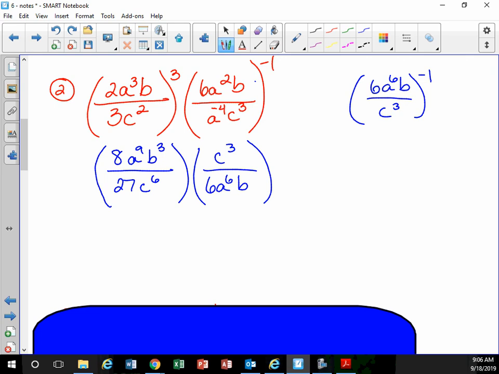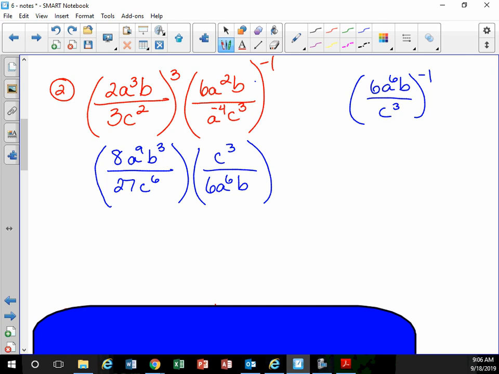All right, guys, from here then you're just simplifying. When you're multiplying fractions, remember you multiply straight across. And then as far as reducing goes, anything in the numerator with anything in the denominator. So if I look at just the coefficients first, the numbers, 8, 27, and 6. Guys, you want to have a calculator on this. So I would reduce before you multiply.